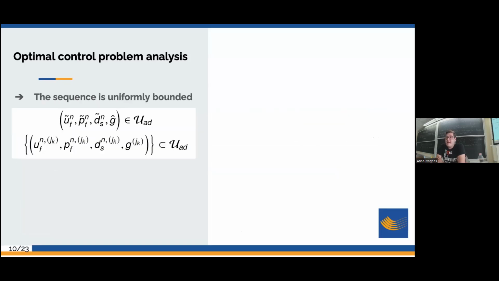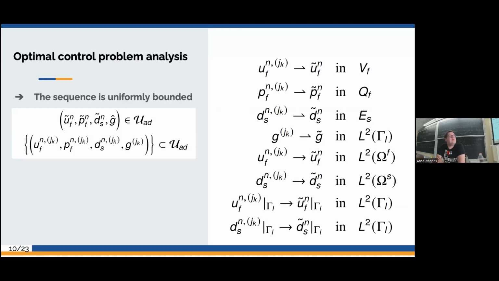From that, we can deduce that there exists a subsequence of the original sequence with the following convergence properties: the fluid velocity, pressure, and the structure displacement subsequences converge in the weak sense in the corresponding spaces here.